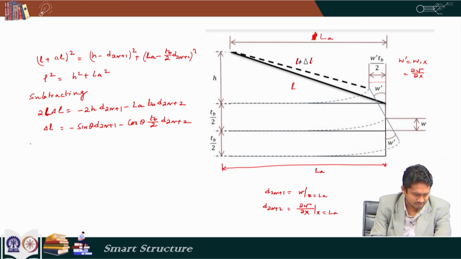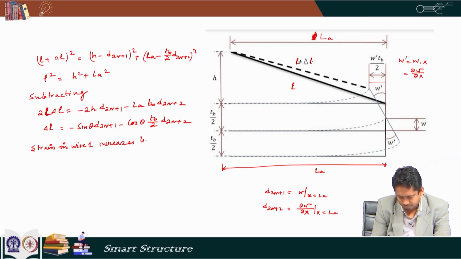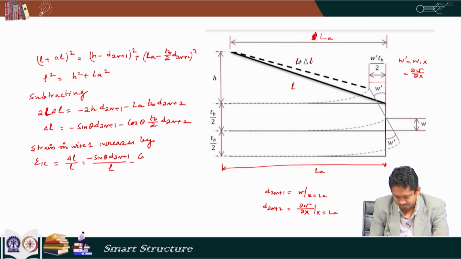So, strain in wire 1 increases by an amount epsilon 1 c, which is equal to del l by l, and that is equal to minus sin theta d 2 n plus 1 divided by small l minus cosine theta T b by 2 l multiplied by d 2 n plus 2.